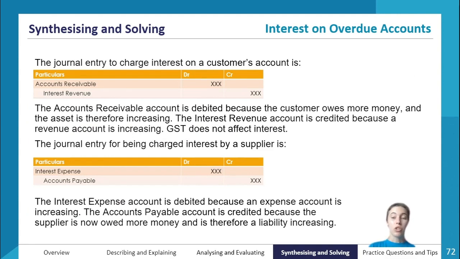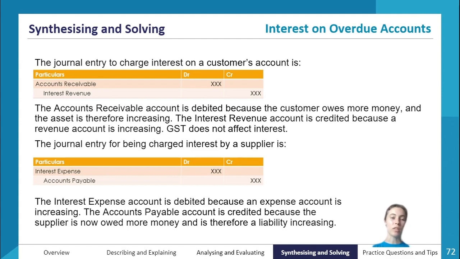So in terms of interest on overdue accounts, you could charge customers interest if their accounts are overdue, or a supplier could charge the business interest on their own accounts. So in terms of a customer's account, you've got the accounts receivable debited and the interest revenue credited.